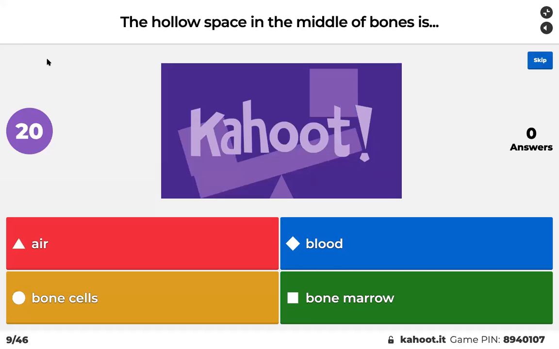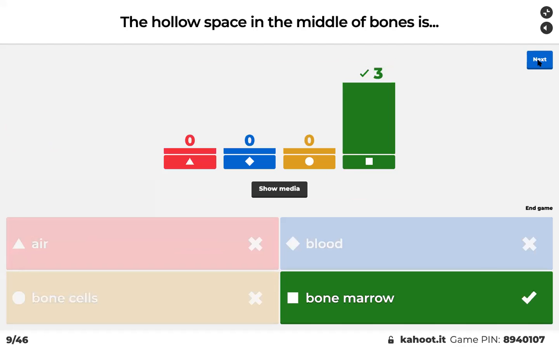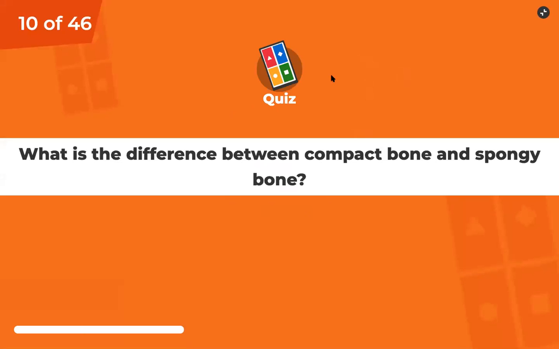This is more of the structure of an individual bone. We didn't really go over this. Good job. Again, we didn't go over this.